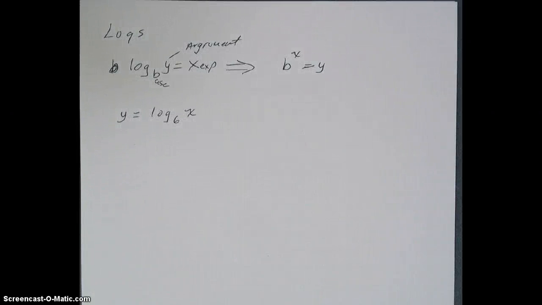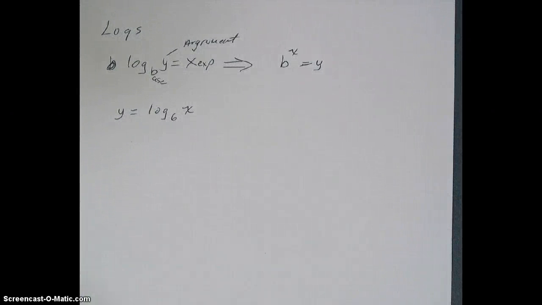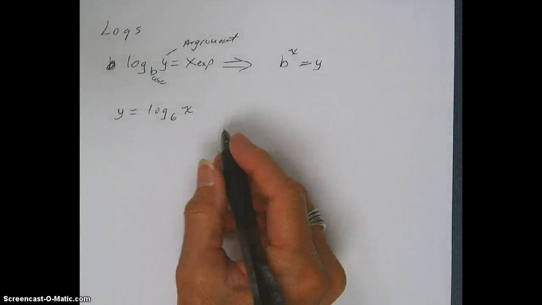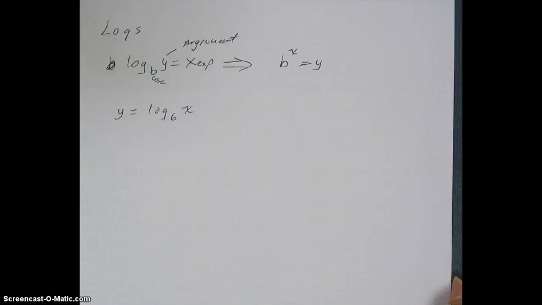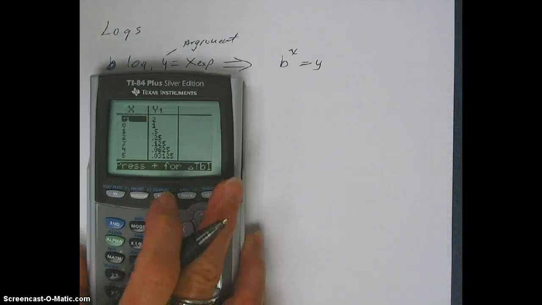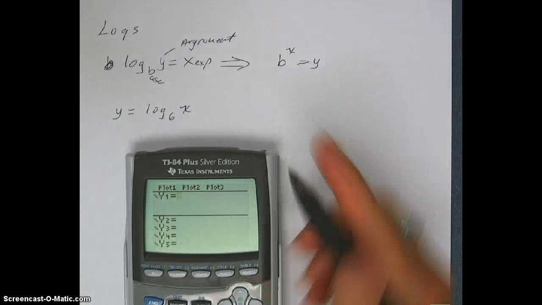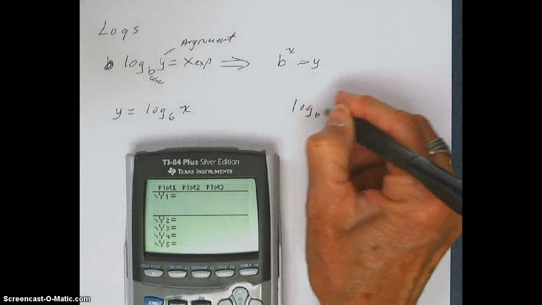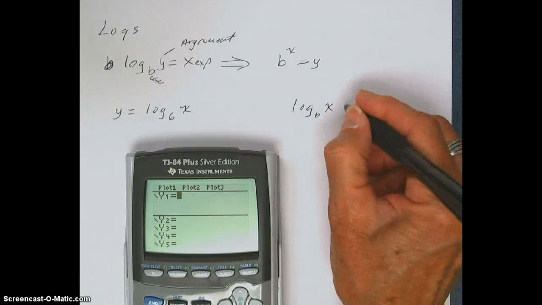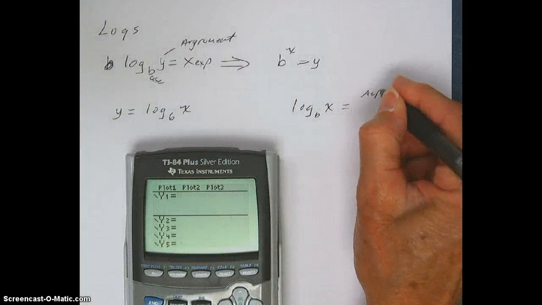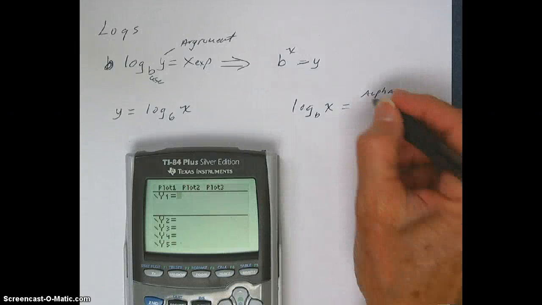And the easiest way to do this, again, you can do this with your calculator. Let me show you how to show that on your calculator, and then we'll go with some more rules. So to get to the log to the base b of x on your calculator, you will hit alpha and then window.